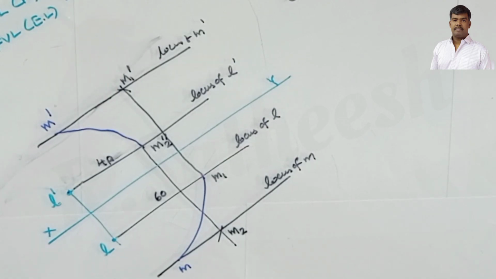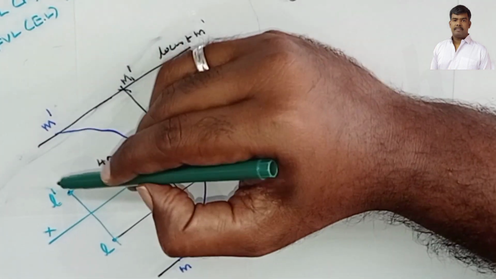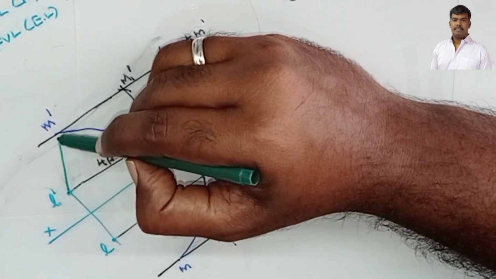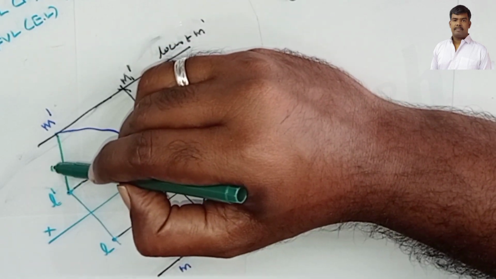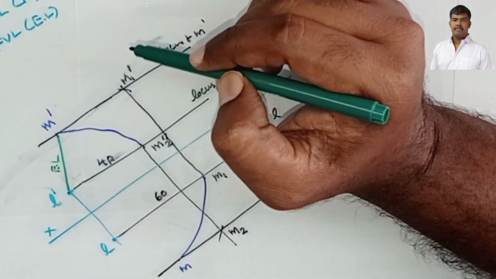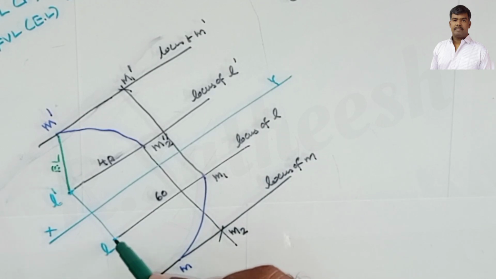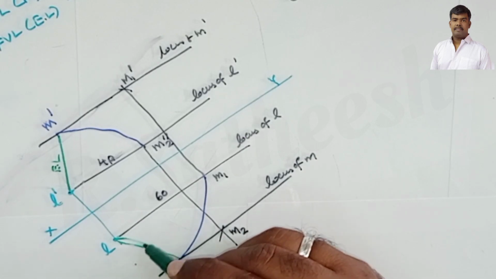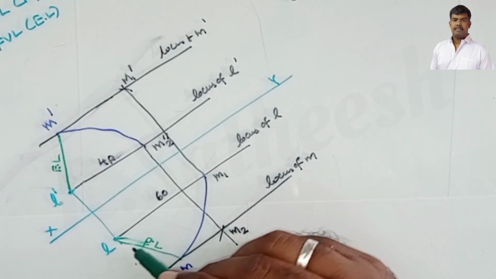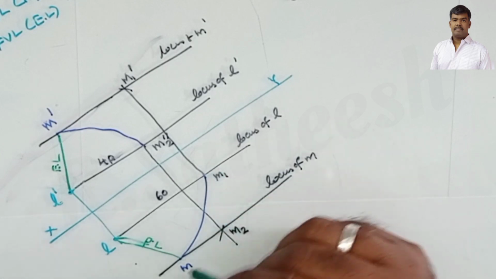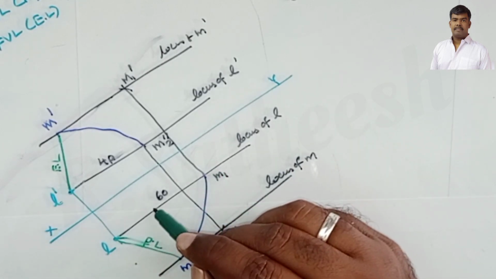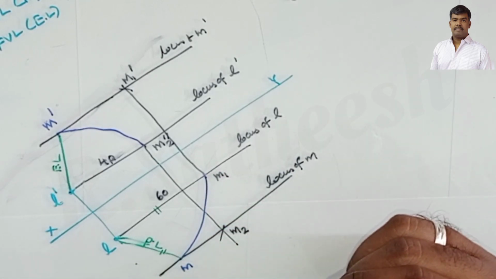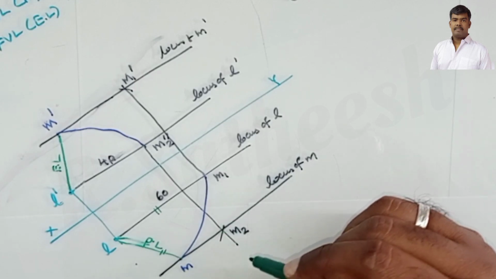So now you join the ends L dash M dash; it is the elevation length, equal to 40. This is LM, the plan length, with distance 60. Both are equal. Okay, it is an approximate rough diagram. Clear?